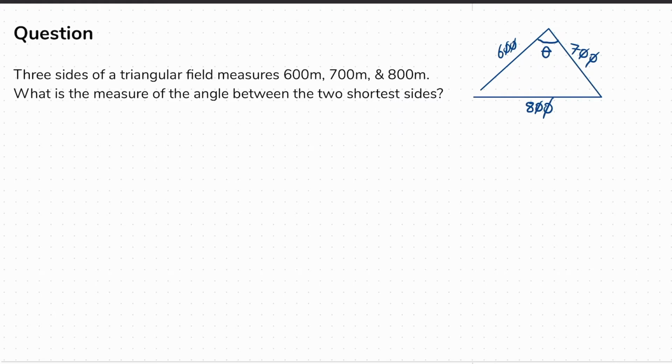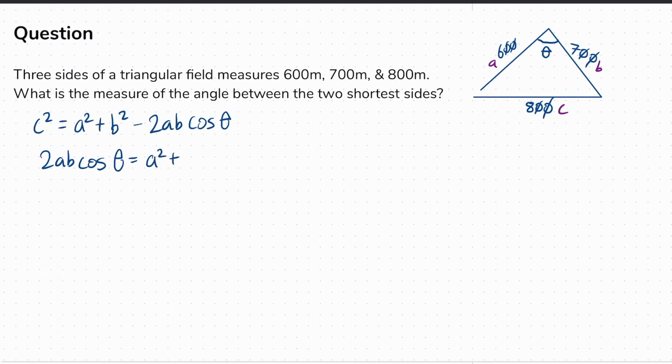Now I have my shape, I can begin to label them. C is opposite the angle, so let's go A and B here. C squared, this is my cosine rule, equals A squared plus B squared minus 2AB cos theta. So we're going to move this around because we're trying to find cos theta. So 2AB cos theta equals A squared plus B squared minus C squared.